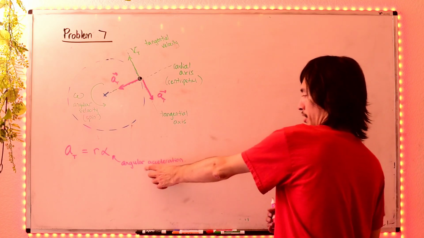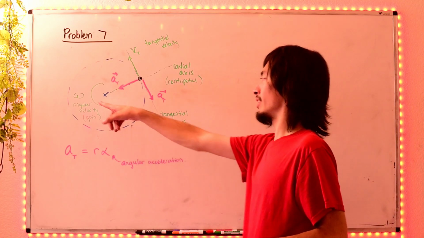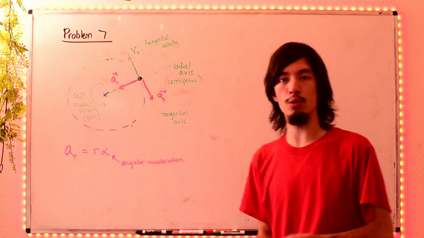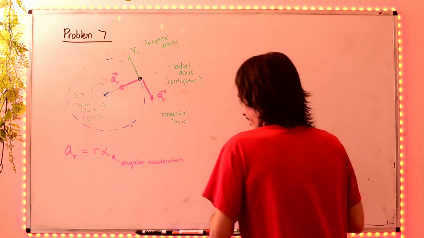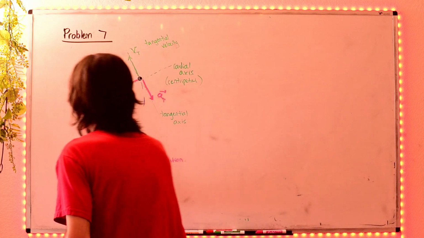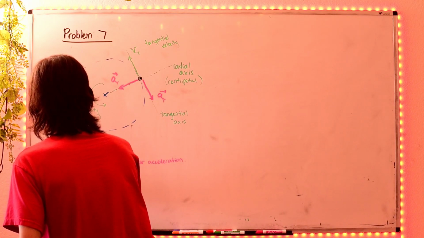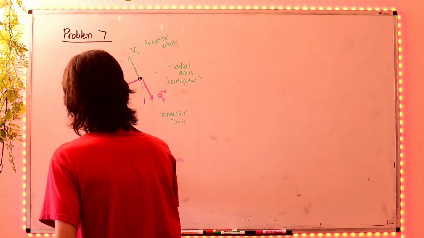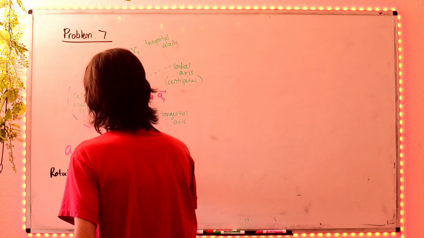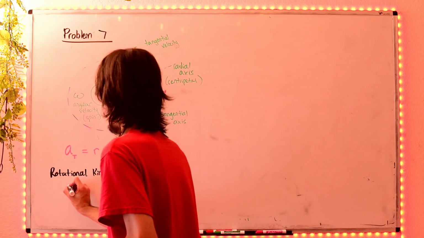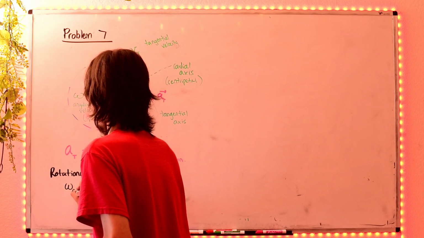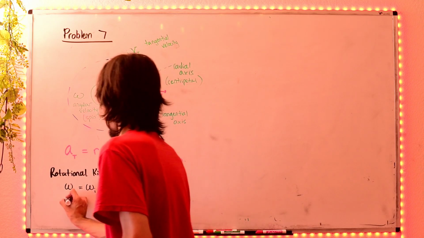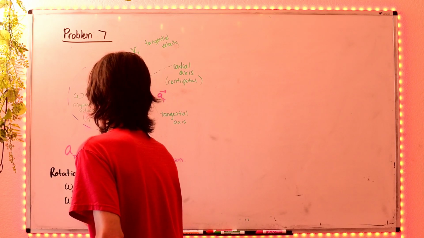The angular acceleration is closely related to the angular velocity, which is all kinematics quantities. So we're going to consider rotational kinematics. So in rotational kinematics, you're going to consider that there are three major kinematics equations as before. These will be the three that you want to pay attention to.